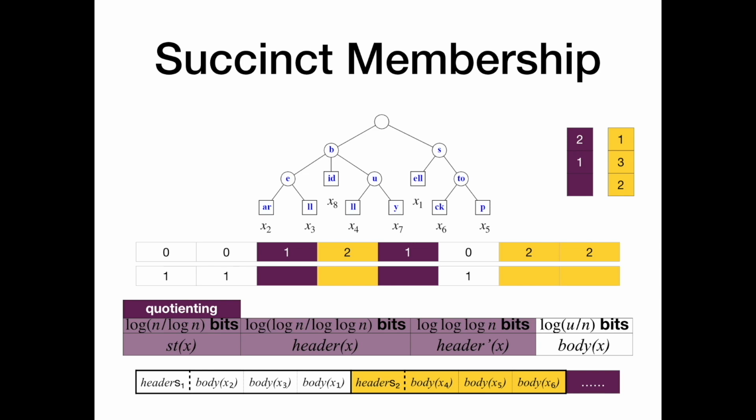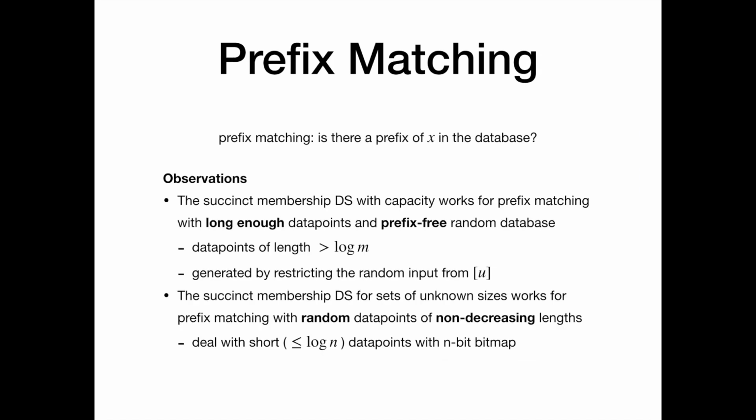The tree requires that any data point should be a prefix of a random point, and the database is prefix-free. Now we can summarize. The succinct membership data structure with capacity works for prefix matching if the data points are long enough and the random database is prefix-free.